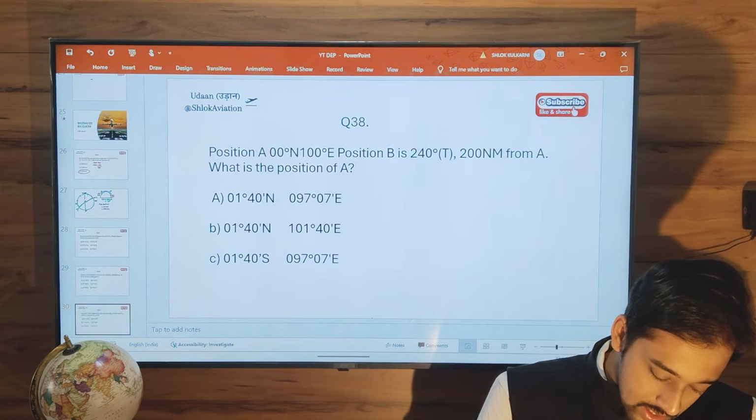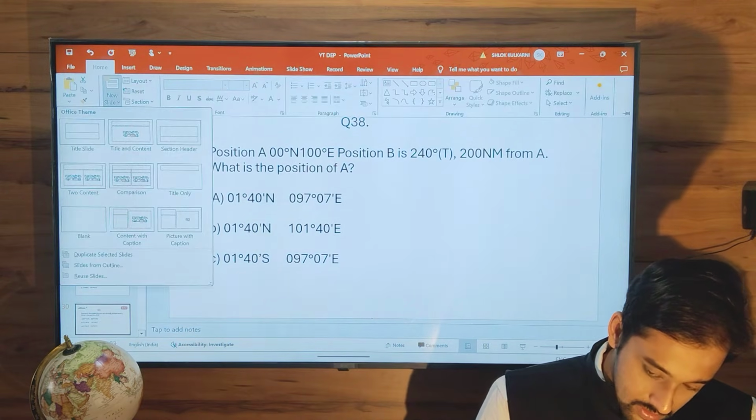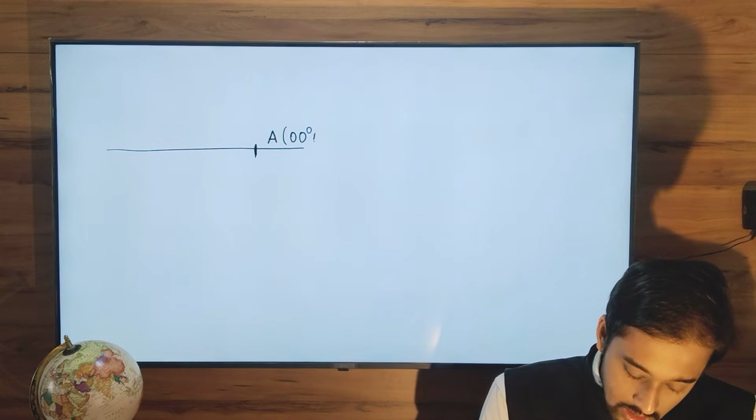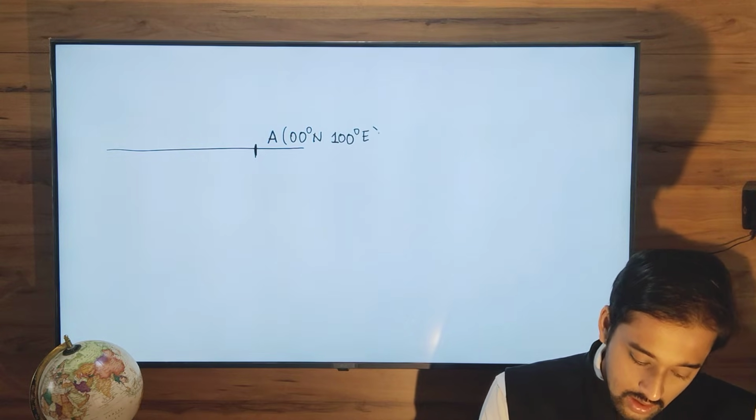Let's take a new slide. Position A is at the equator, 0 degree north, longitude 100 degree east.